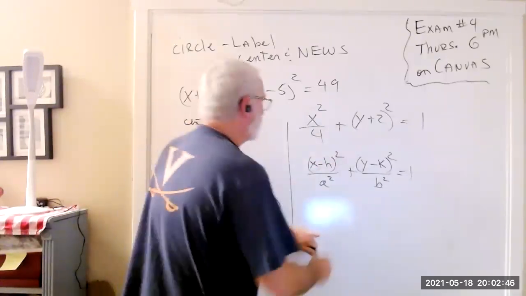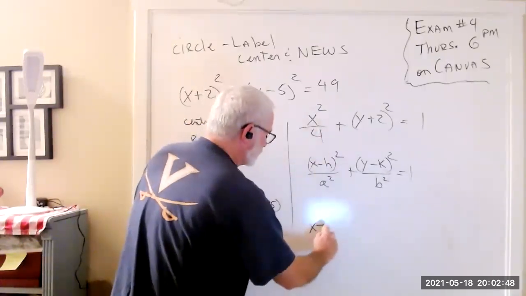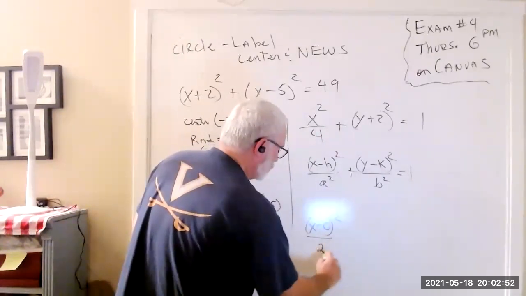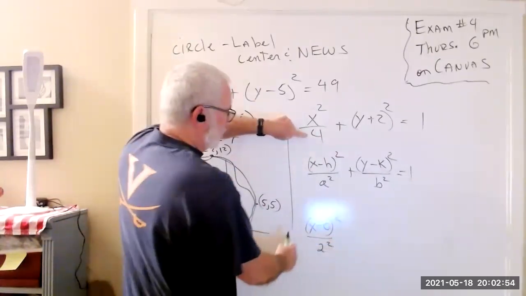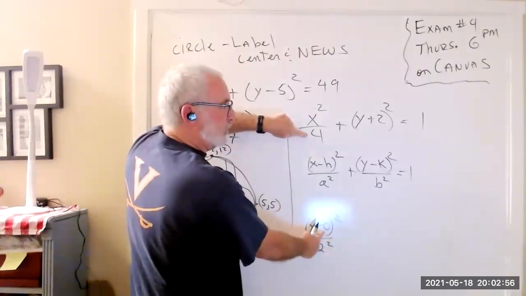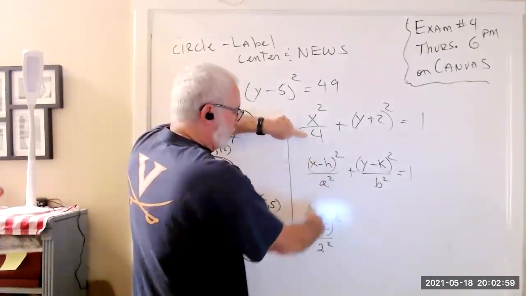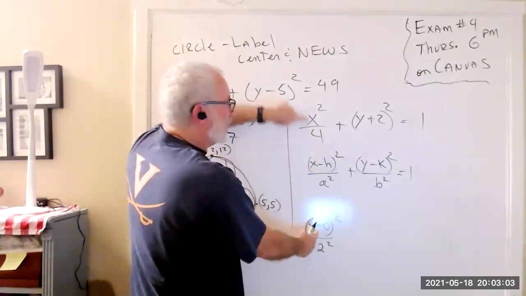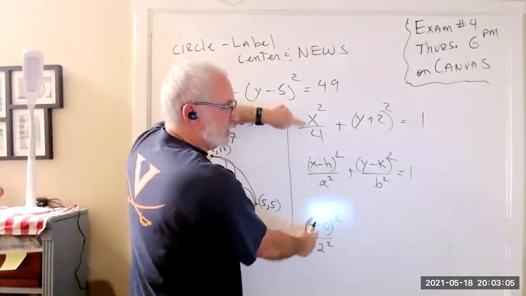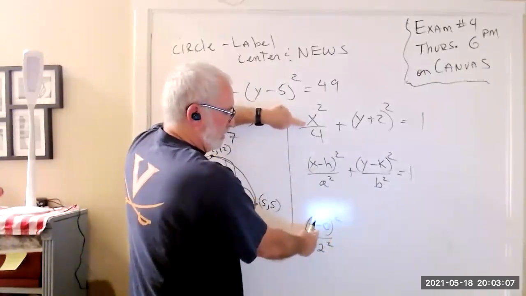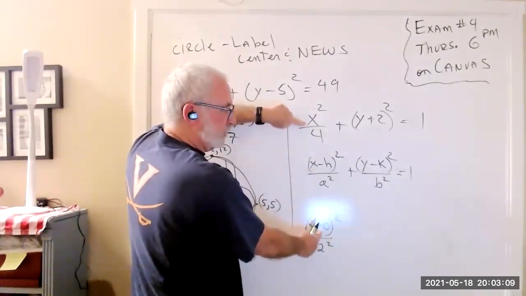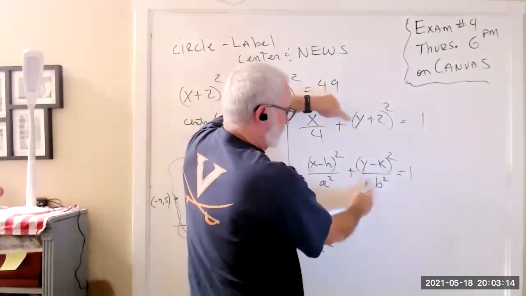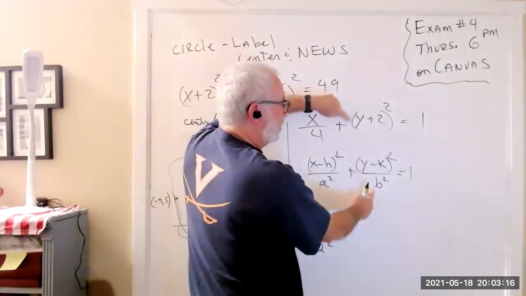What if we call this x minus 0 squared over 2 squared? Now where did the 0 come from? Well, you can always add or subtract a 0 into something, and it doesn't change its value. It's there, but it doesn't do anything. But that helps us find the center. Now what about this? It's missing somebody down here.